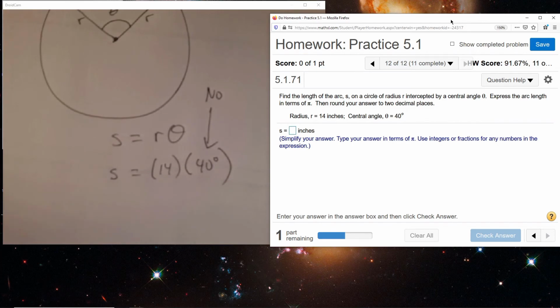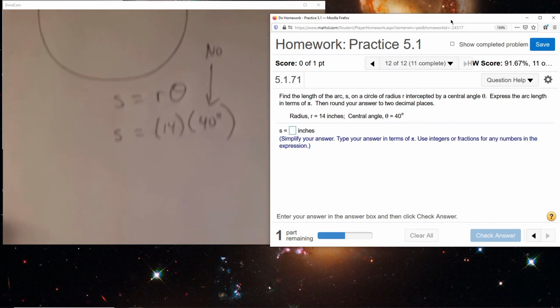Radians is the more mathematical unit that's friendlier to math. And if you're going to enter a number into a math equation, you should really try to make sure it's in radians. So we have degrees here, which means we need to convert this to radians. And so we'll have to do that.